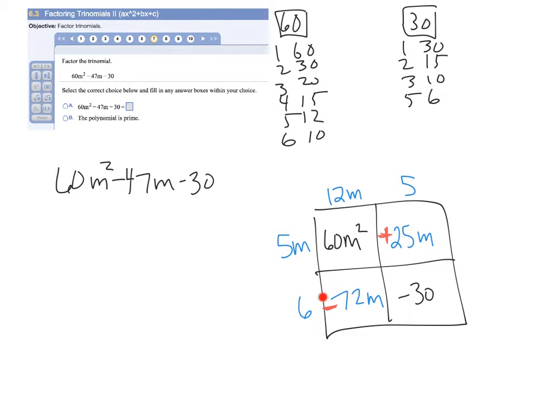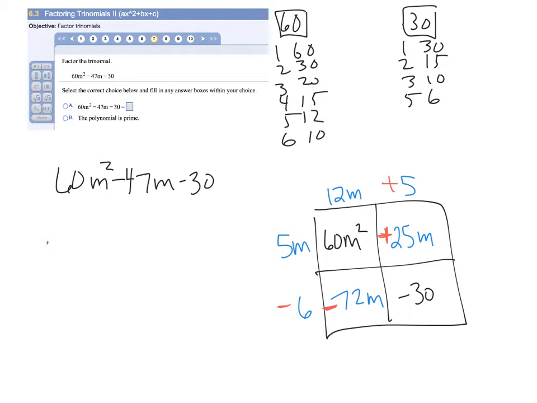So that means negative 72 plus 25 gives me negative 47. Which means if this is a negative 72m, that means this has got to be a negative 6. And if this is a positive 25, that's got to be a positive 5. And now I can see that positive 5 times negative 6 gives me the negative 30. And so there is, oh my gosh, I got lucky.